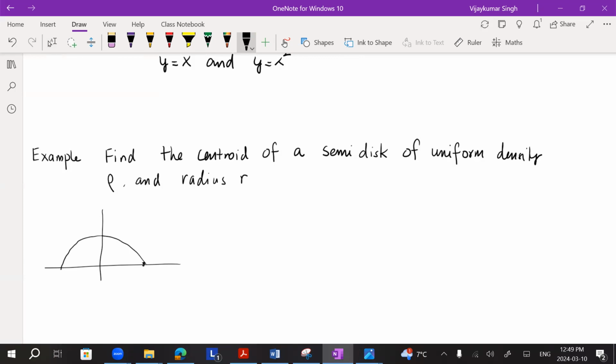So let's call this uniform density rho, right? So we have the upper part of this semidisk given by y equals the square root of r square minus x square. Note that r is the constant. So this is my f of x.